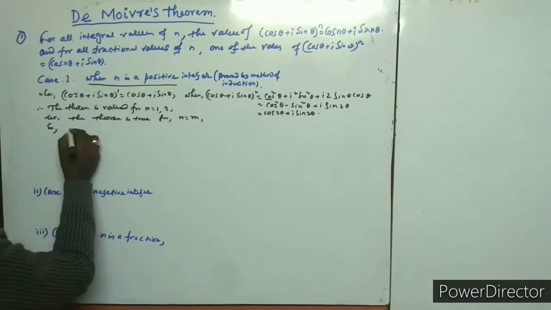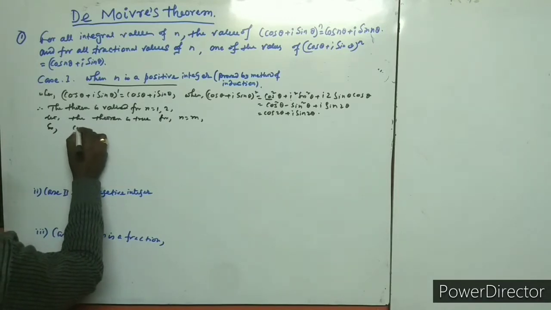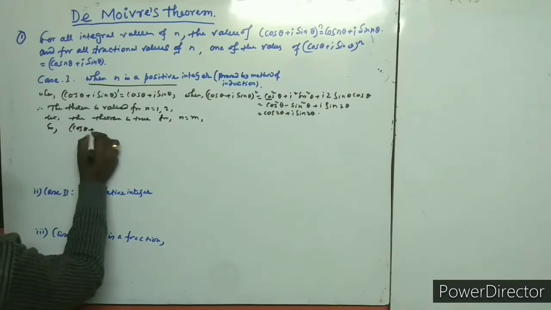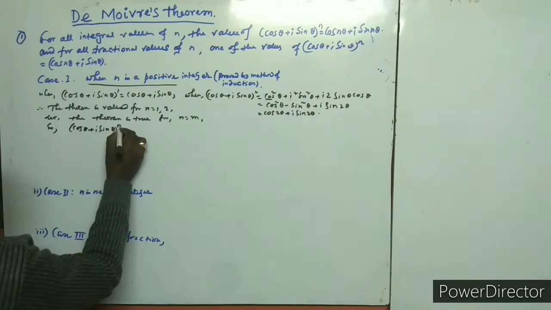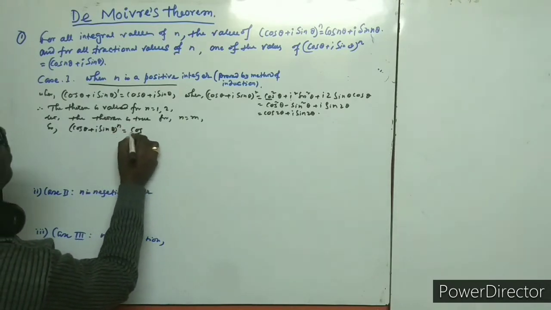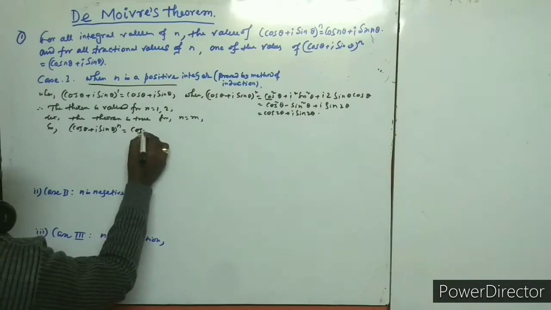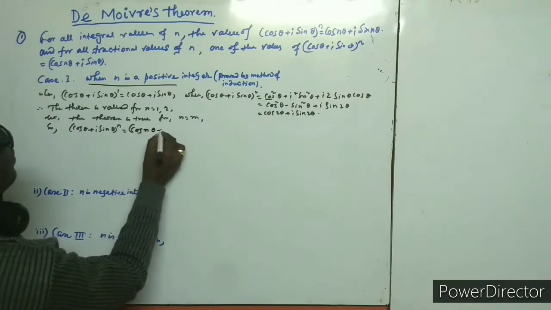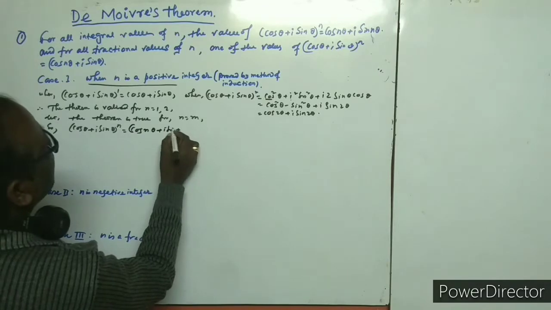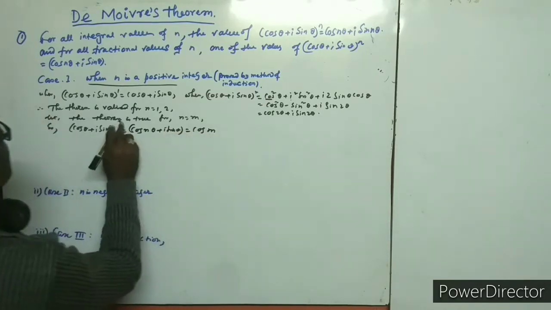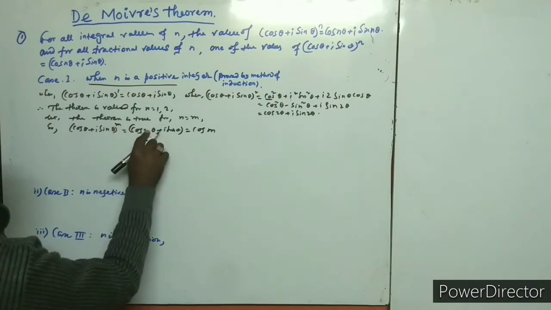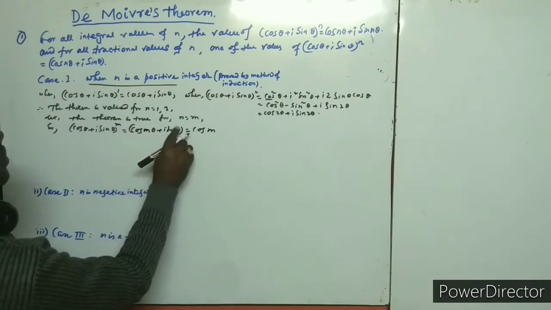So we can write (cos theta plus i sin theta) to the power m is equal to cos m theta plus i sin m theta, okay.